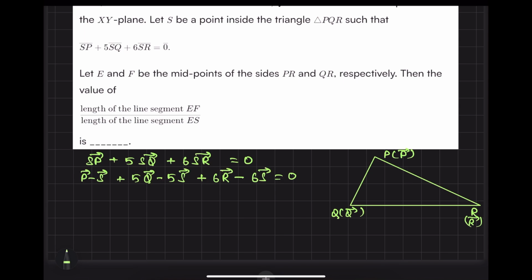What I will try to find: let S be the point inside, so we will try to find out the value of S. Look at this and this, so it is 12S, so you got 12S as P plus 5Q plus 6R.